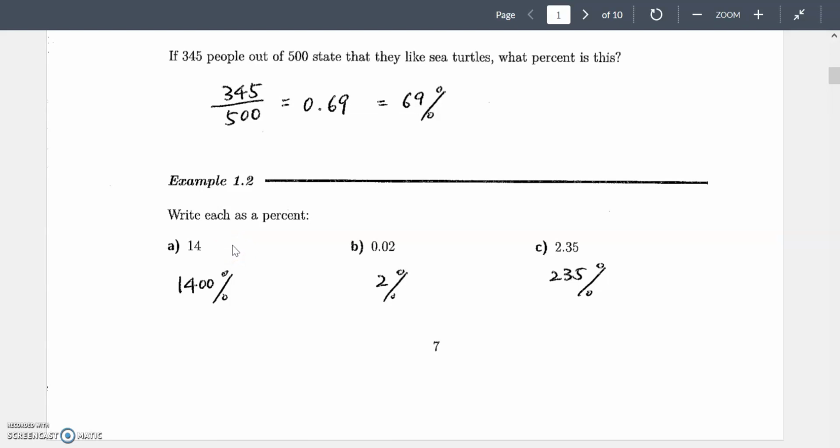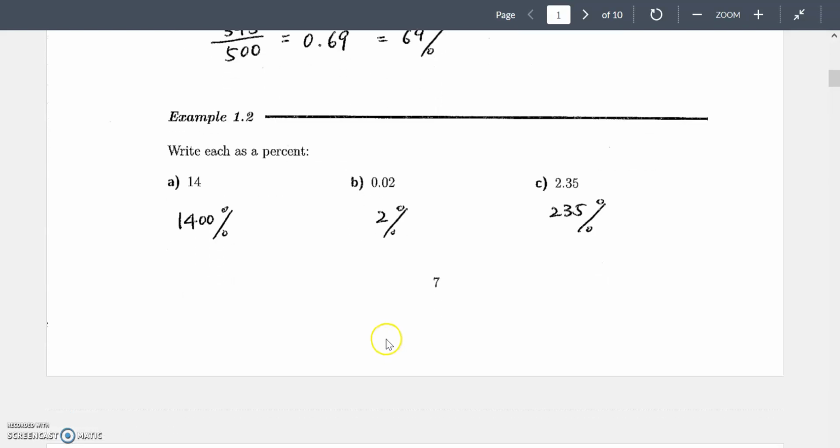So we're still really getting 14, but instead of writing 14, now we can write it as a percent, which is 1,400%. Same thing with 0.02. If you multiply 0.02 by 100, you get 2, so we write 2%. And 2.35 is the same thing, so 2.35 will become 235%.